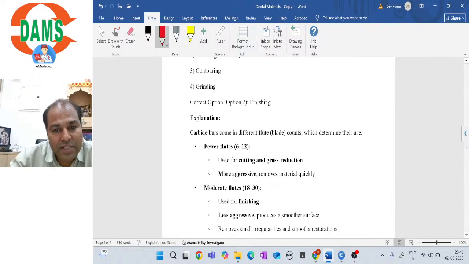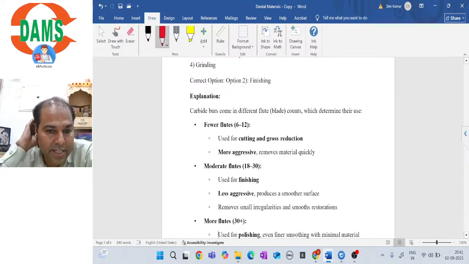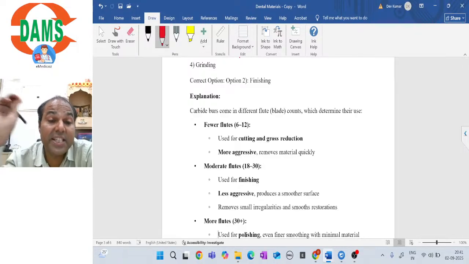So fewer flutes are for aggressive cutting, contouring, removing the material quickly. Moderate flutes, like the 18 to 30 we have given, are less aggressive and produce a smoother surface, but there will still be some irregularities.